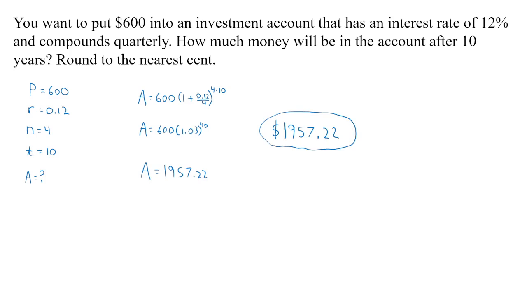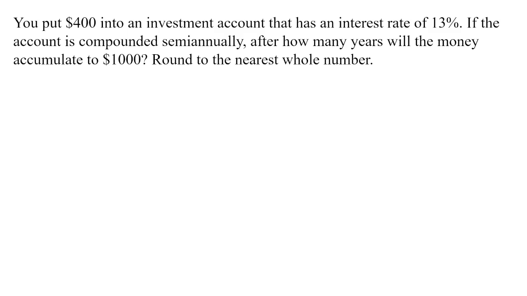So now let's look at the next example. You put $400 into an investment account that has an interest rate of 13%. If the account is compounded semi-annually, about how many years will the money accumulate to 1,000? Round to nearest whole number. Okay, so let's see what we know.